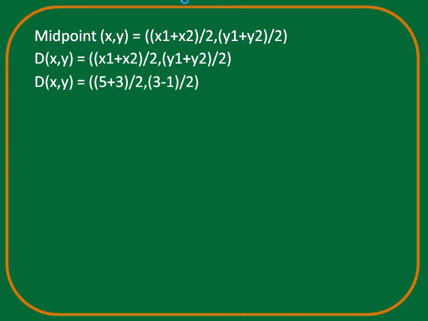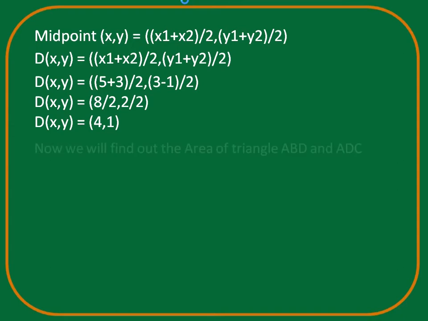Substituting the values, we get D(x, y) equal to (5 plus 3) upon 2 comma (3 minus 1) upon 2. You can check it yourself. So D(x, y) is equal to 8 upon 2 comma 2 upon 2. So we have the coordinates of D, the midpoint, as 4 and 1.